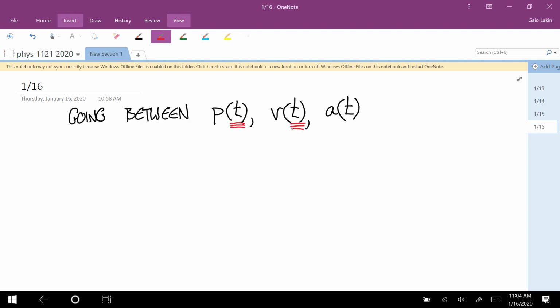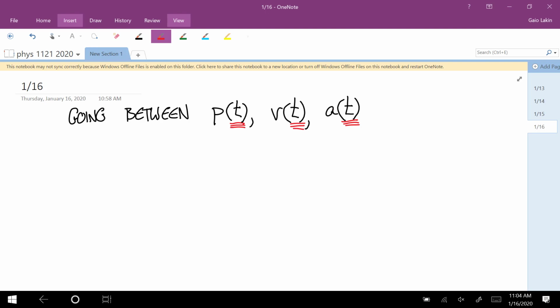Well, let's think about a velocity function. It's very possible that you could have a case where you know the velocity as a function of the position. Or maybe it's easier for me to come up with examples where you know the acceleration as a function of the position.